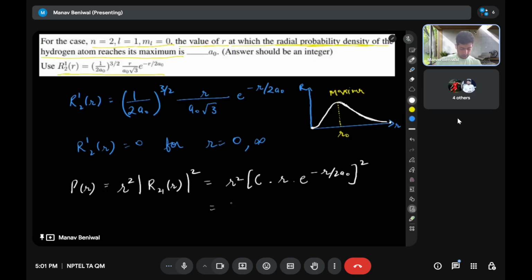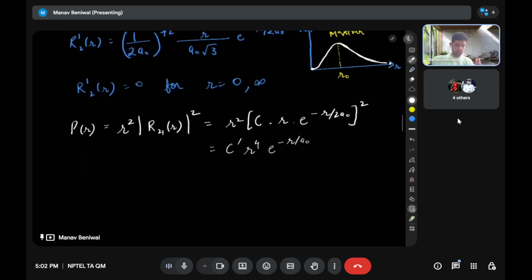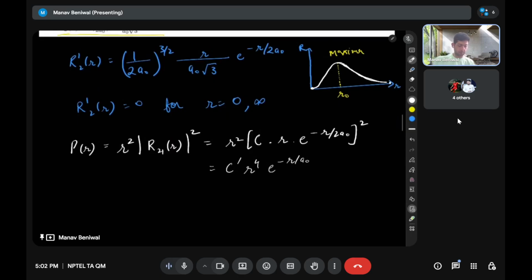So then we have some constant C prime, and then this will be r to the power four and e to the minus r by a naught. So this half and square cancel out each other. We will not worry too much about this C prime because it does not have any r dependence. Now let's take the derivative of this function with respect to r, and we know that at r equals r naught, this derivative is 0.